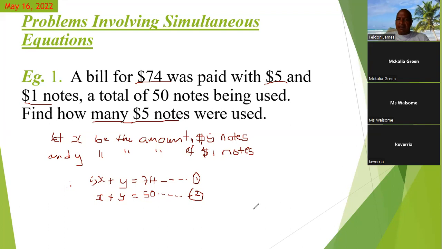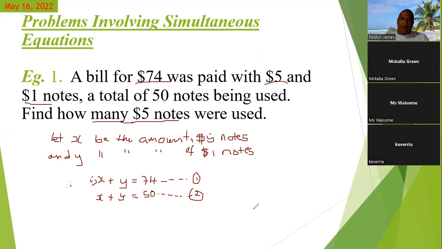Right, so you have to bear that in mind. Even though they are already the same, make sure that you remember that that is one of the conditions you have to satisfy first. So that condition is satisfied, as we see that the coefficient of Y is 1 in both of the equations.